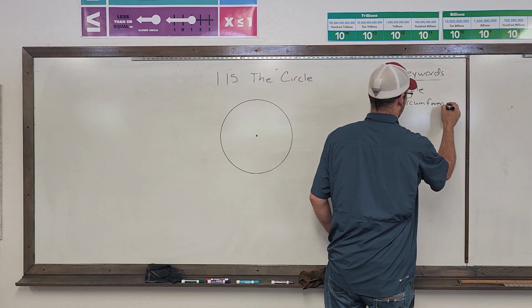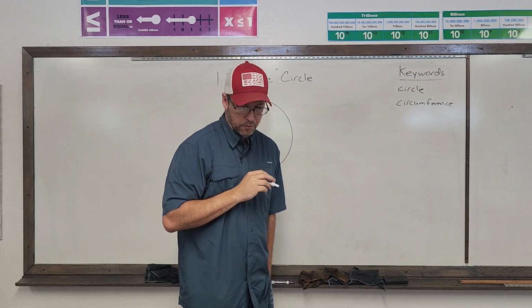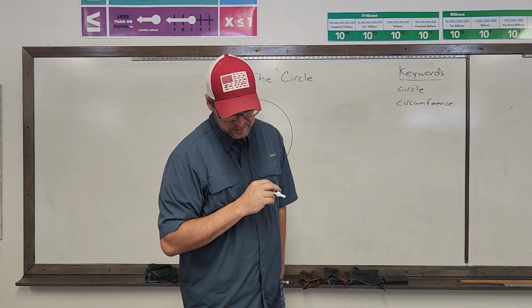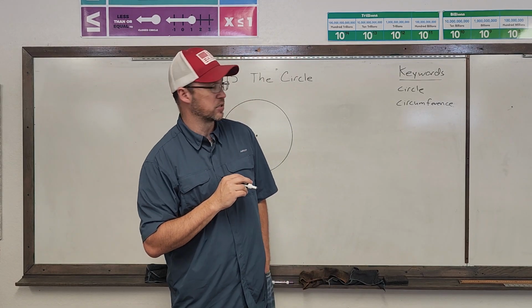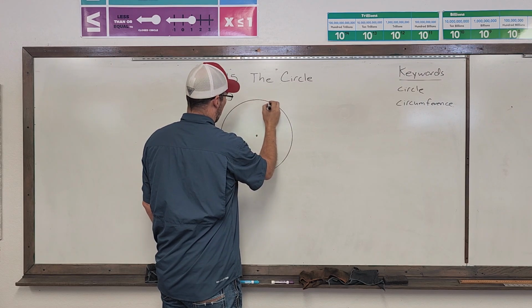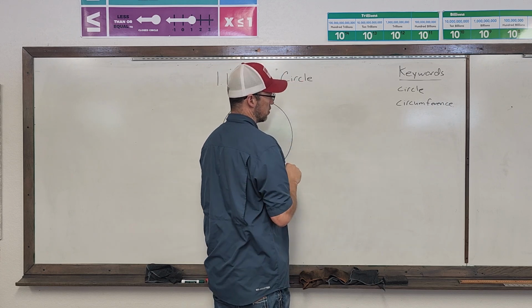Most of this is not going to be words you've never heard before. Circumference is the perimeter of the circle. The semi-circumference is 1/2 the length of the circumference. So if I start at this point and I go all the way around, the distance around, that would be my circumference.